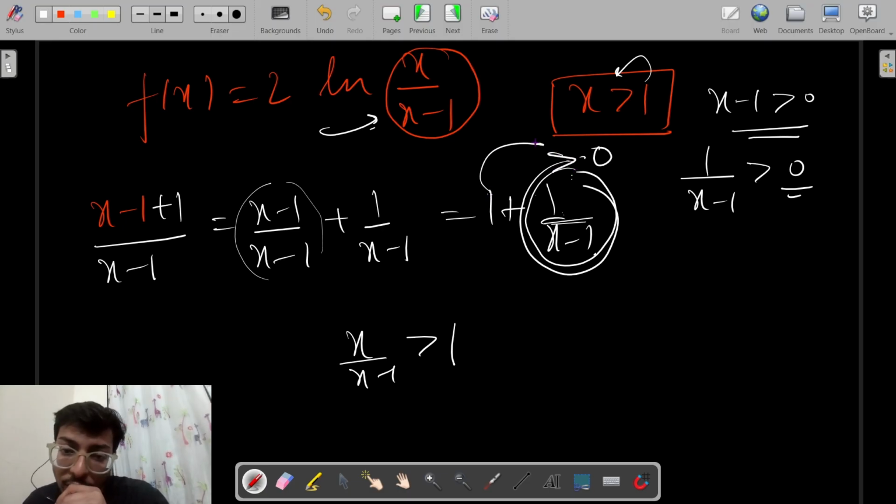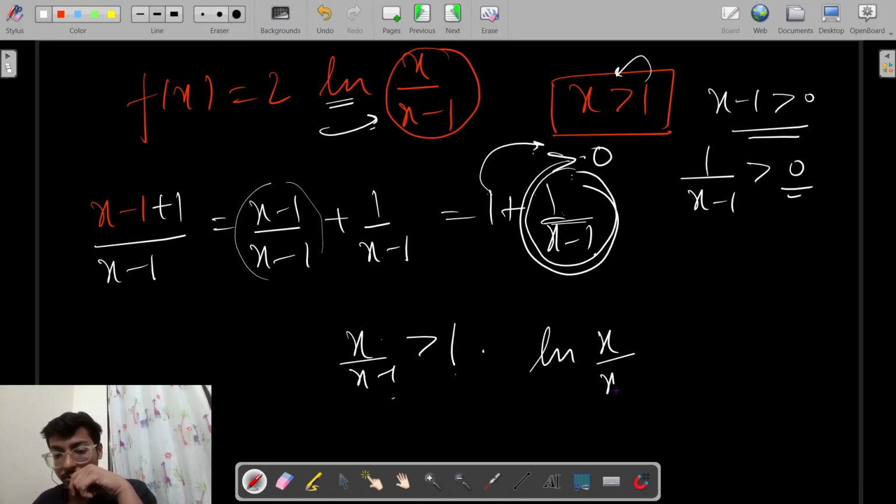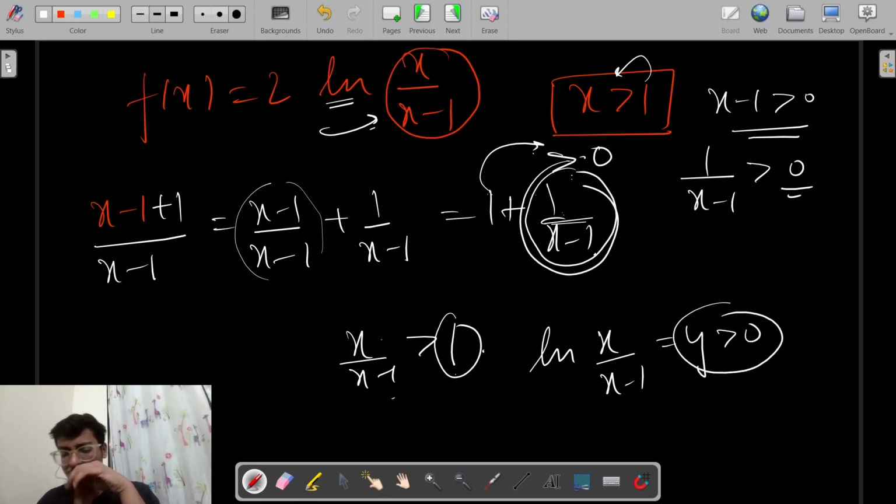And the log, for values greater than 1, will produce a value y greater than 0.